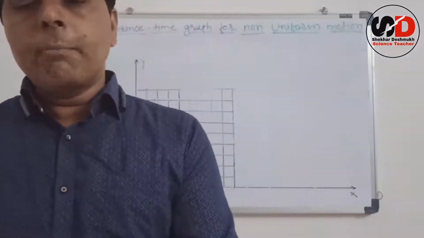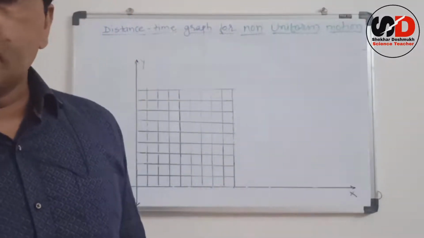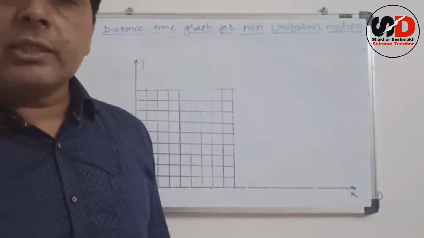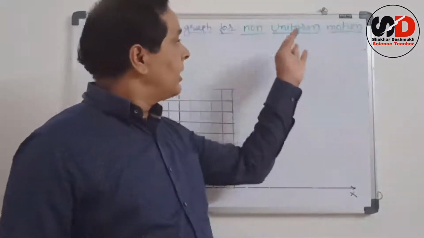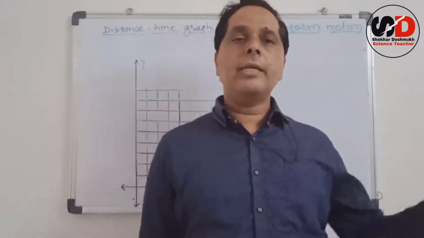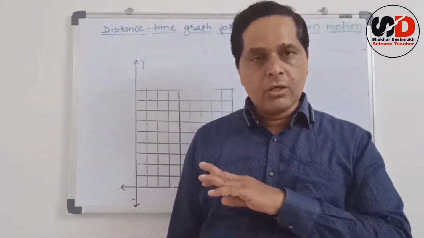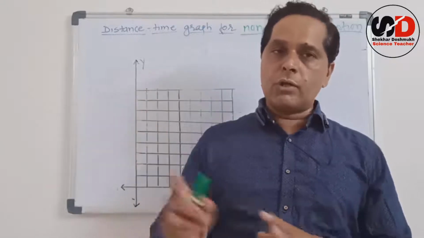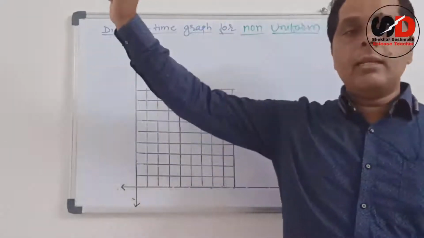But this time the motion is non-uniform. What is the meaning of non-uniform then? If the object covers unequal distance in equal intervals of time. So for that, write down the scale.